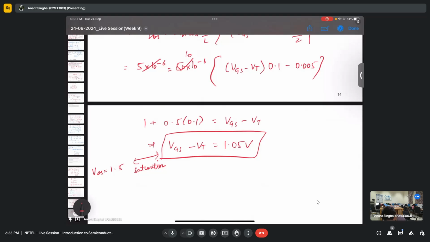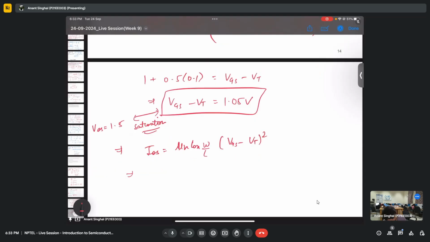So in saturation, IDS is nothing but mu n C ox W by L, VGS minus VT whole square, divided by 2. And what we need to calculate is the transconductance.